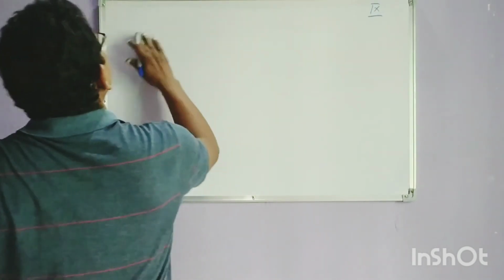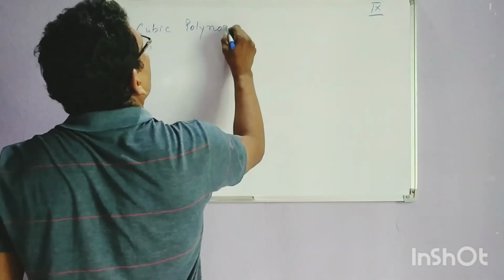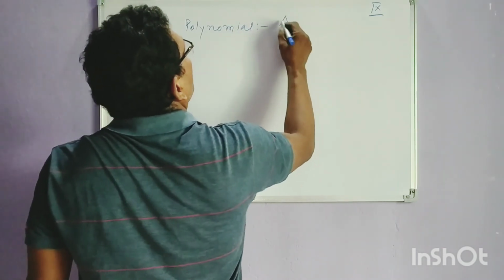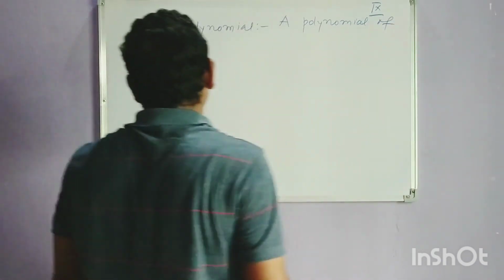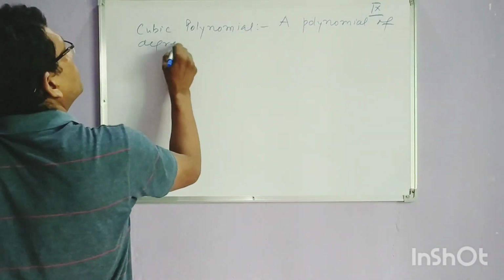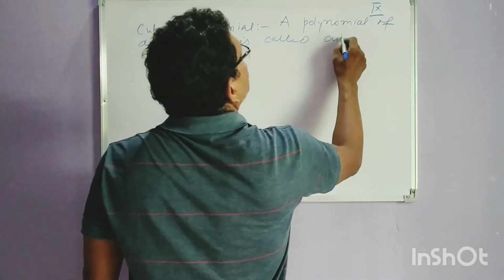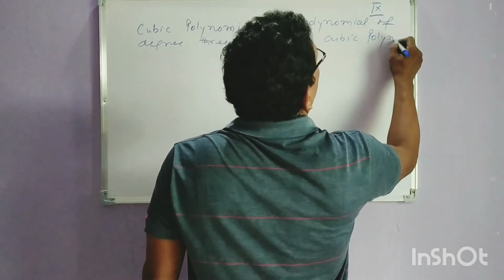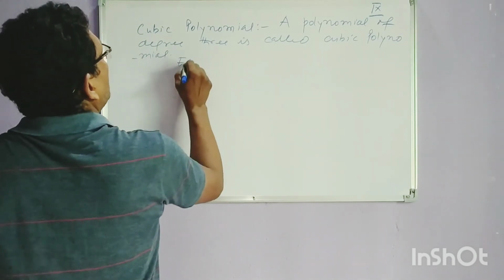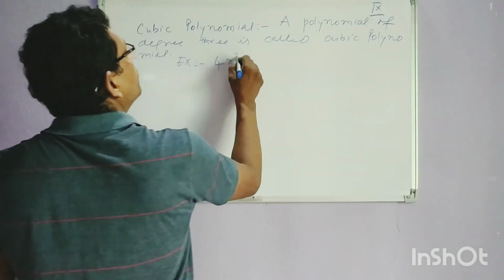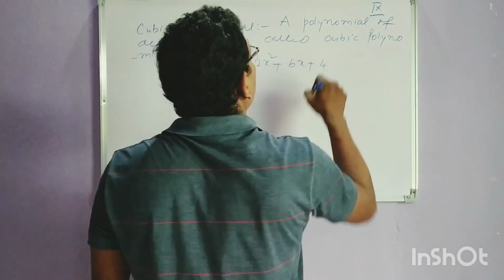Now come to cubic polynomial. A polynomial of degree 3 is called cubic polynomial. Example, 4x cube plus 2x square plus 6x plus 4.